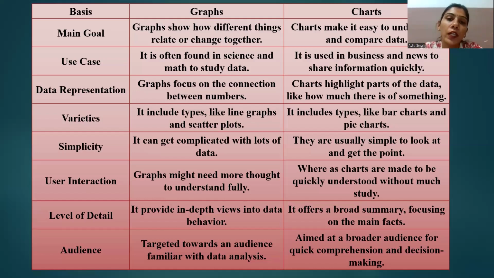The value of mean and median can be calculated through a graph, which is not possible through a diagram. Graphs are drawn on graph paper, whereas diagrams do not need to be on graph paper. So this is the basic difference between graph and diagram.